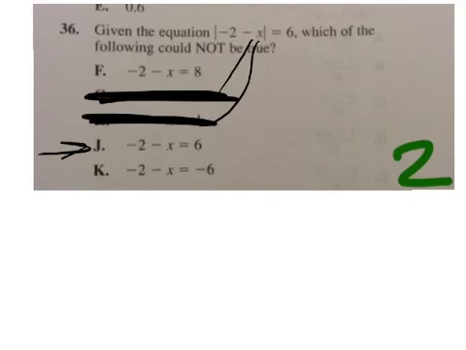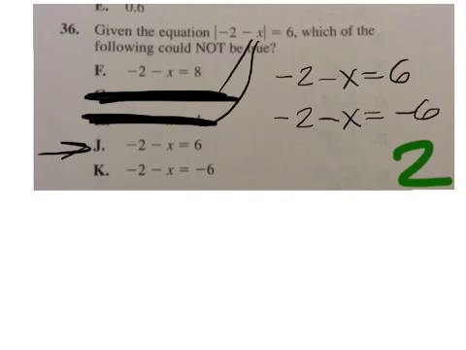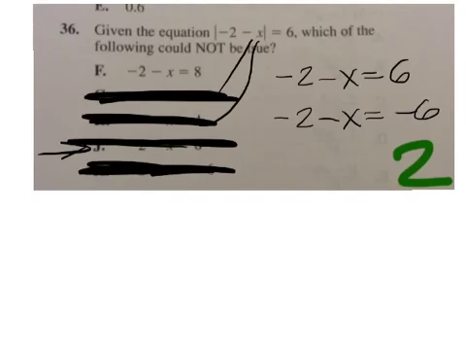I could put in a negative 8. Yes. Remember, when you go to solve these, you have to do this, and you also have to do this. You have to do both of those. So that would still be a possibility, and that would still be a possibility. So the one that can't be right would be F.